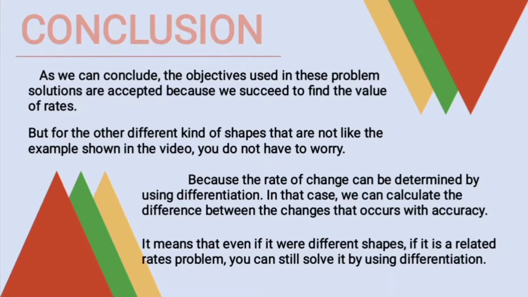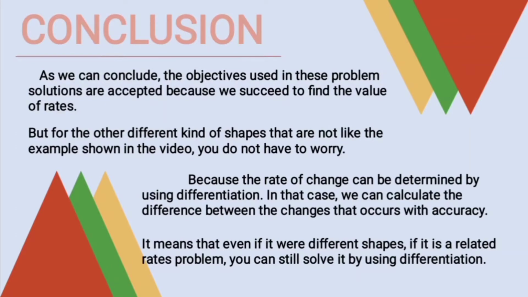As we can conclude, the objective used in this problem solution is accepted because we succeeded in finding the value of the rates. But for other kinds of shapes that are not like the example shown in this video, you do not have to worry, because the rate of change can be determined by using differentiation.